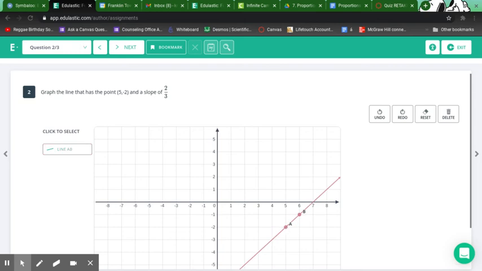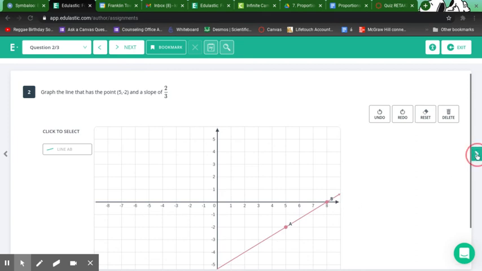That's point A. Now I have a slope of 2 over 3, which means my rise is 2 and my run is 3. So I'm going to click on my B and go back to my starting point A. I haven't let go yet. I'm going to rise 2 and run 1, 2, 3, and I'm going to let go.